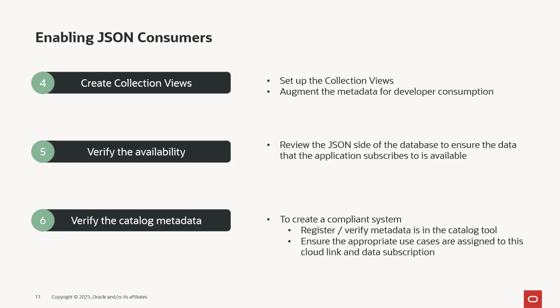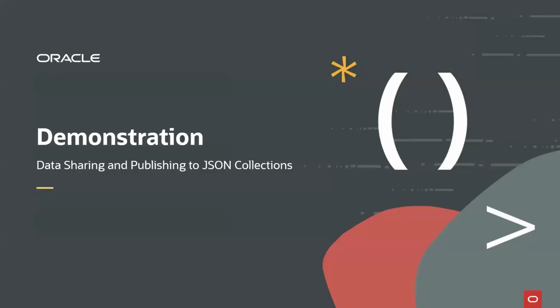And that kind of sets up the entire structure, from looking at the reference data, creating the cloud link, publishing it into the consumers, setting up their interfaces and structures, and then you create the collection views over the top of it. And as we say in America, Bob's your uncle. Now you have a data producer, data consumer, data product scenario that scales, that runs with agile solutions and goes from there.